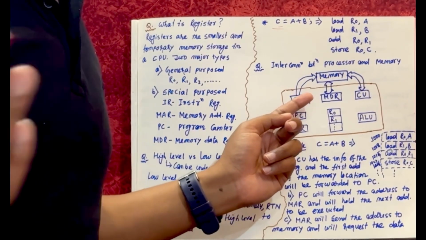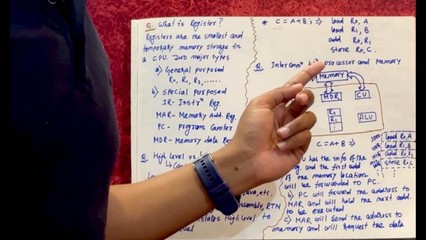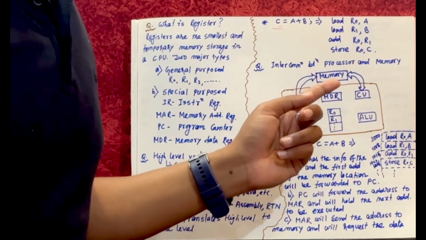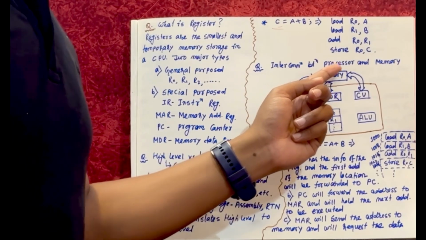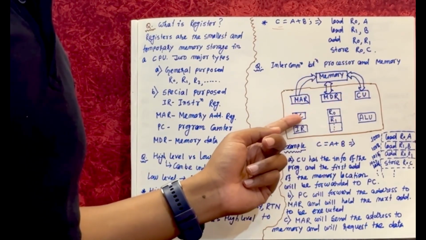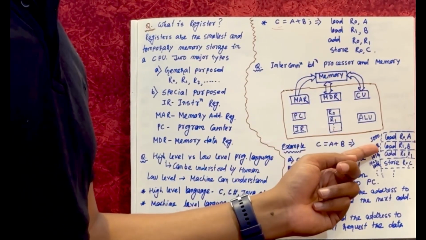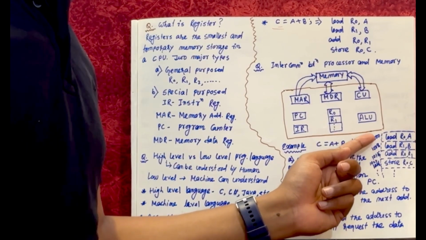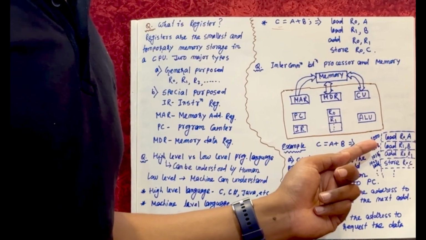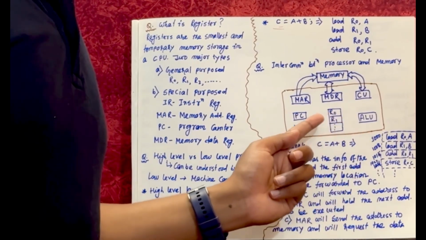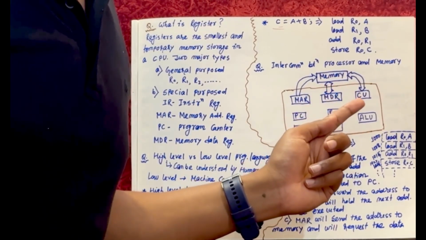Whenever you are in execution mode, you just hit the run button. It means your program is ready to run now. Now your PC will hold the address of the next instruction to be executed. What is the next instruction? 1008. 1000 is the present address and 1008 is the next address where you can get the next instruction.